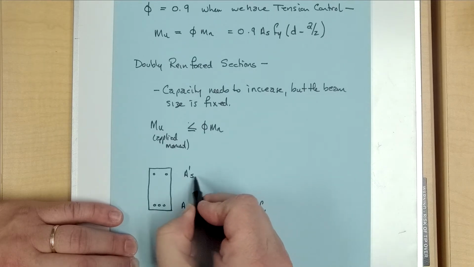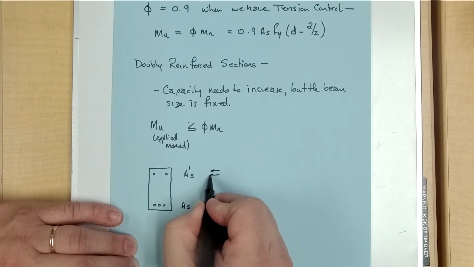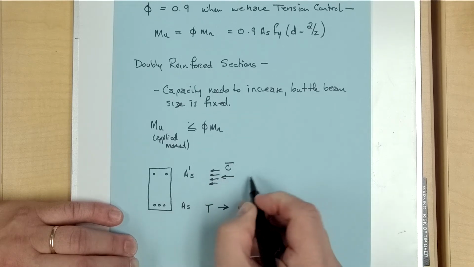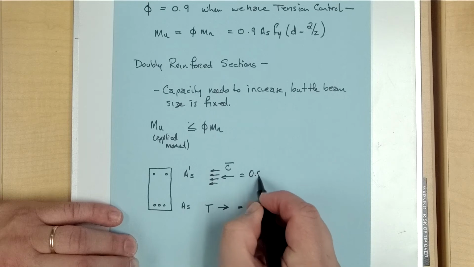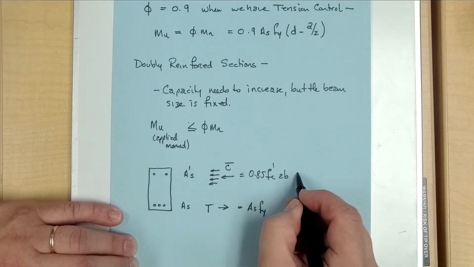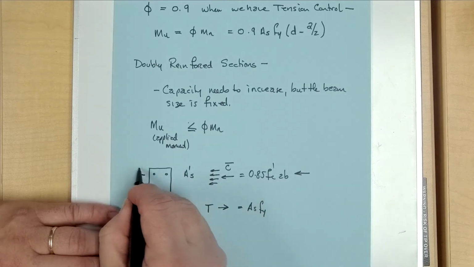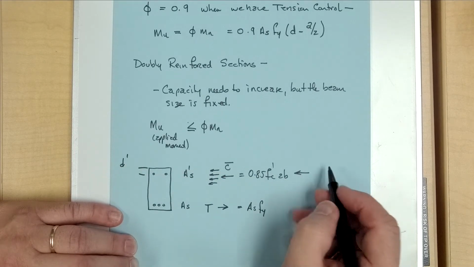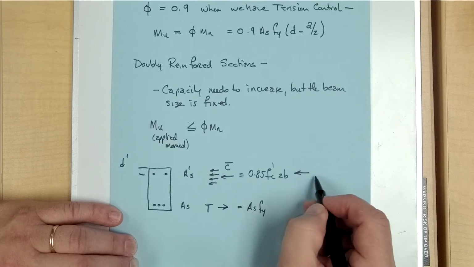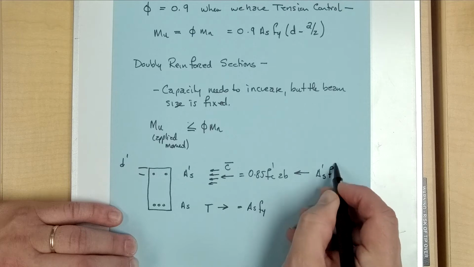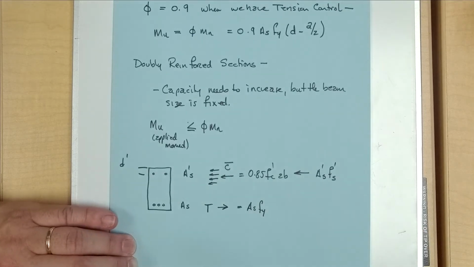And up here, we have a compression force, which is equal to 0.85 F prime c a b, plus we have another force acting at a distance d prime from the compression face that is A prime sub s F prime sub s.